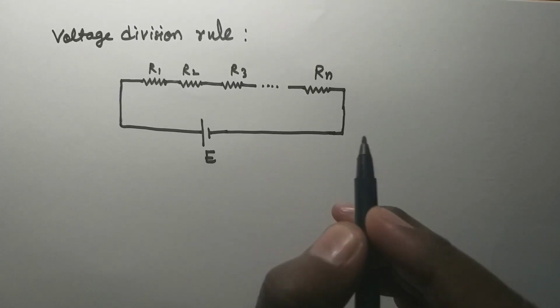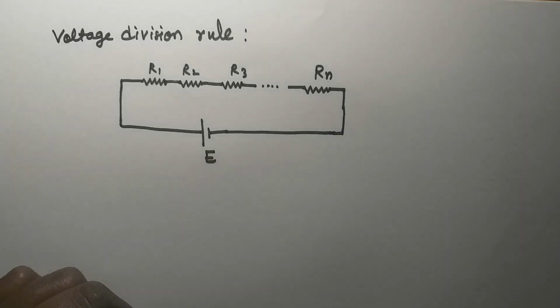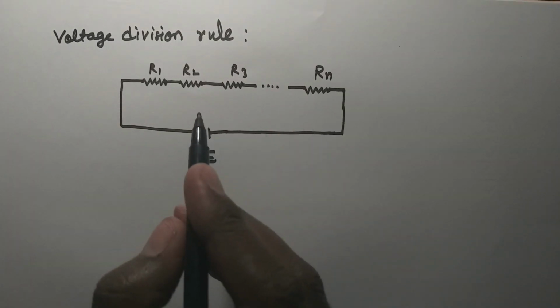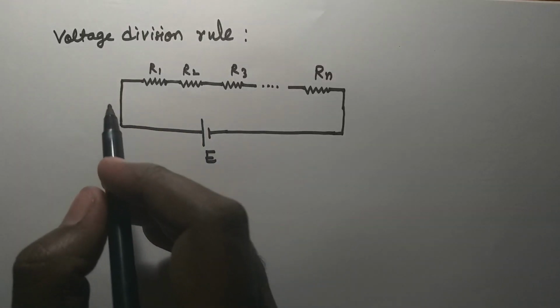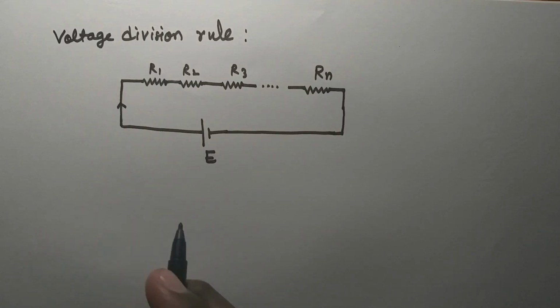So now if we have to find out the voltage across any of these resistances, then we can multiply that resistance with this circuit current.